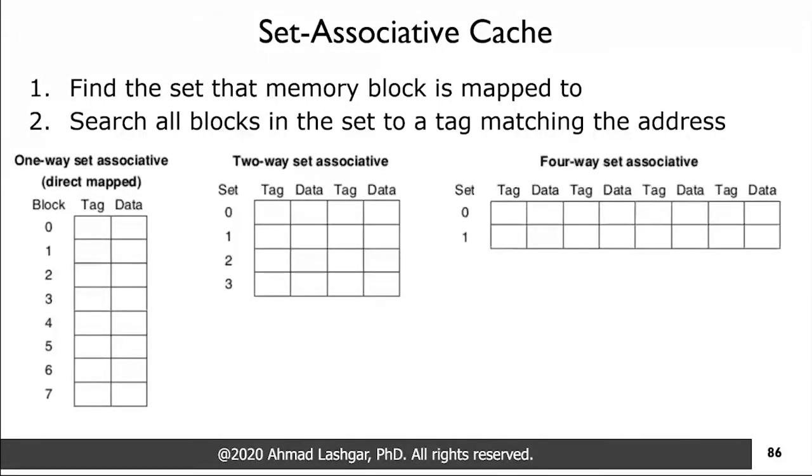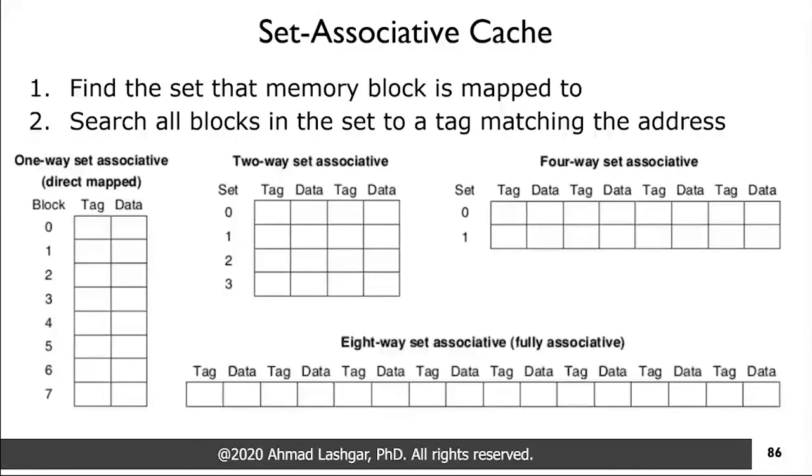Similarly, there is 4-way set associative. Data might be in any of the 4 ways within the set. And when all the lines are in one set and there is only one set in the cache, this special case is called fully associative. In this case, any entry in the cache might have the data that we are looking for.